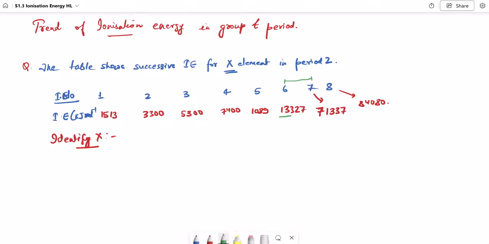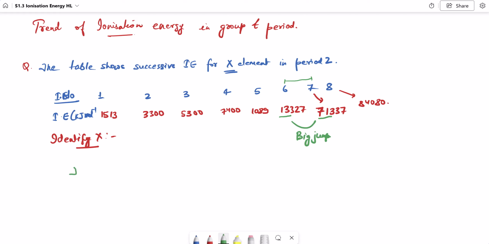This is 13,000 and 71,000. This is a big jump, right? It means the 7th electron is being removed, which is why this much energy is used. Therefore the element X belongs to group number 16.